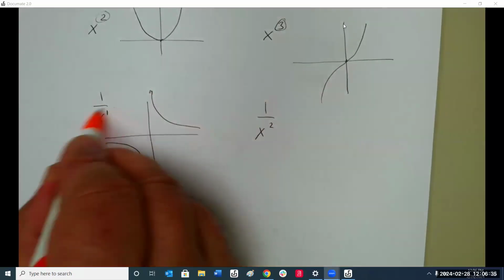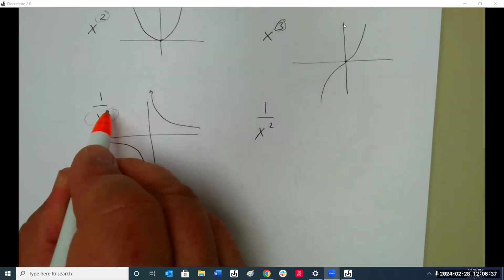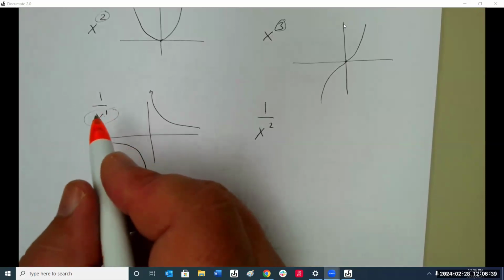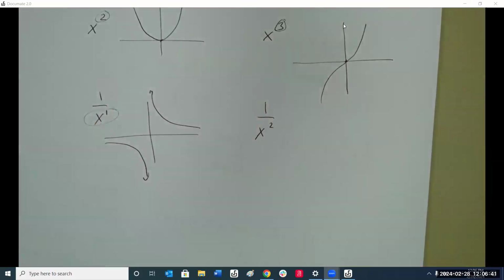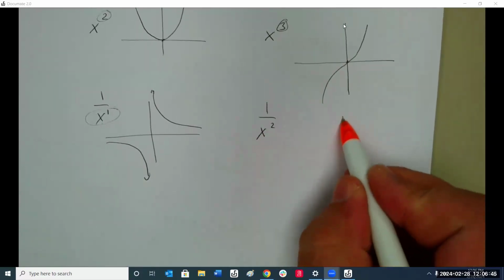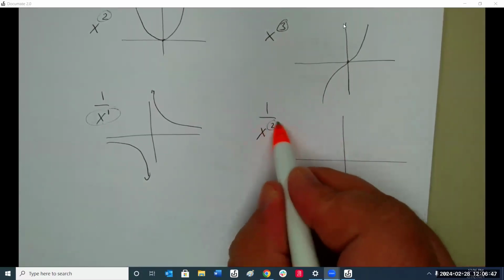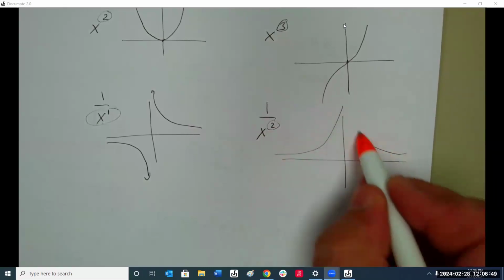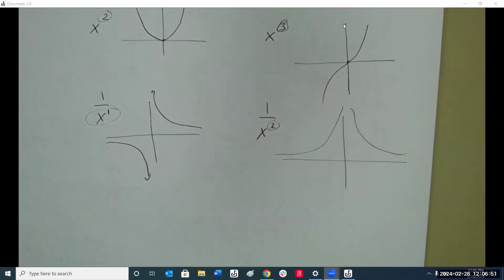So when you look at the denominator, if it's an odd multiplicity, we know that at that vertical asymptote, it'll go opposite directions. If the vertical asymptote has an even multiplicity, then both sides will approach infinity, the same infinity from both sides.